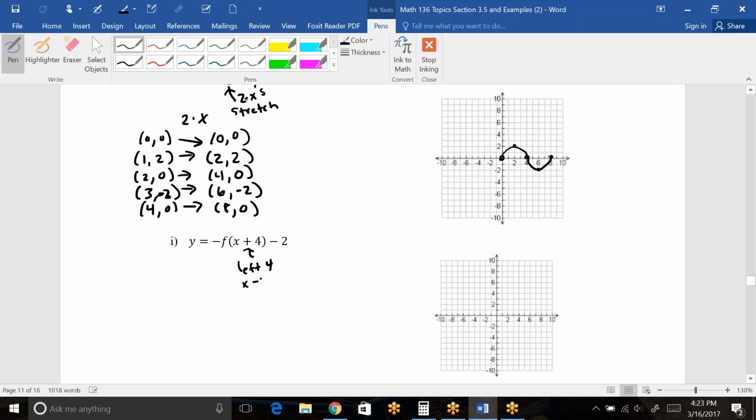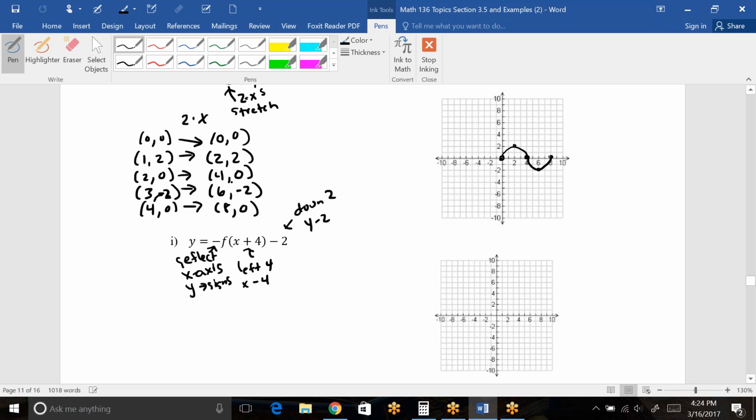Each x needs to have 4 subtracted from it. We also have a negative at the end, so that means we have a down 2, which means each y needs to have 2 subtracted. But we also have a reflect across the x-axis, which means my y's are going to change signs.